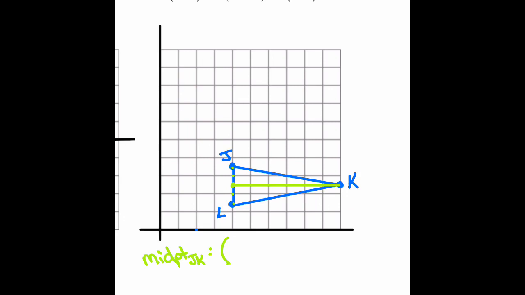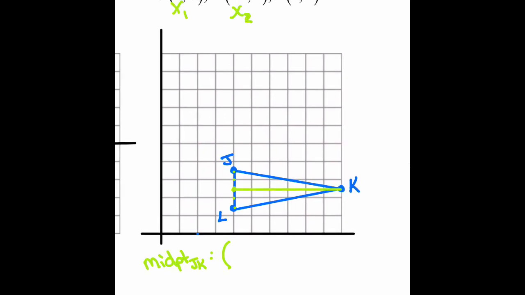The midpoint of JK is x1 plus x2 over 2, which is 8 plus 20 divided by 2, and then y1 plus y2 over 2, so 7 plus 5 divided by 2.